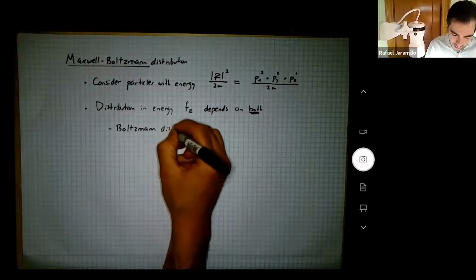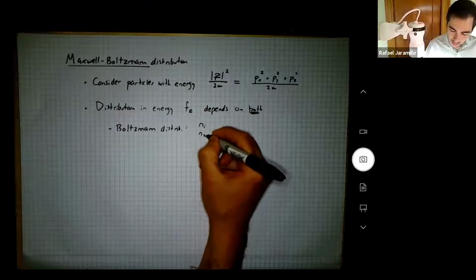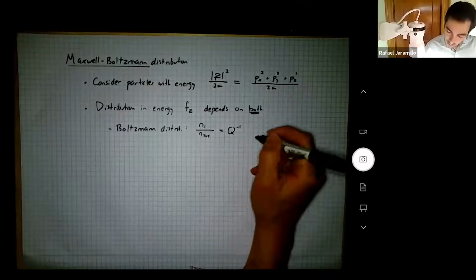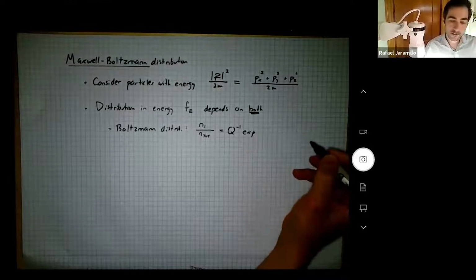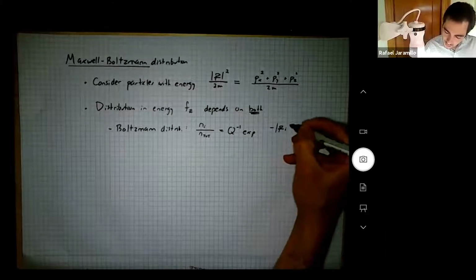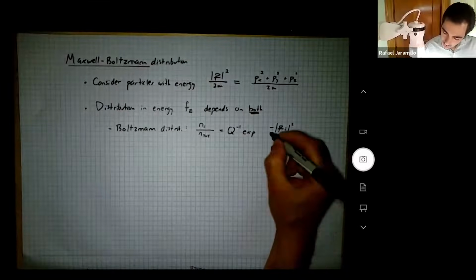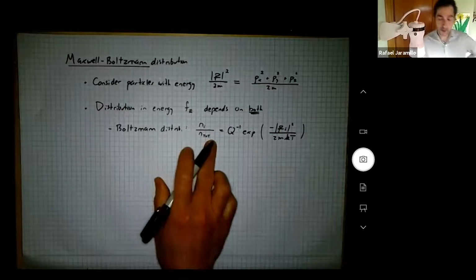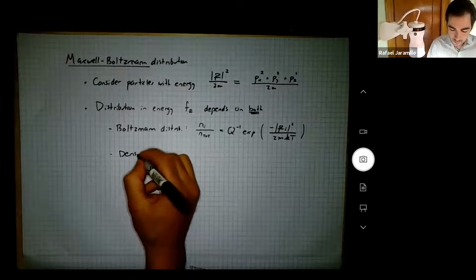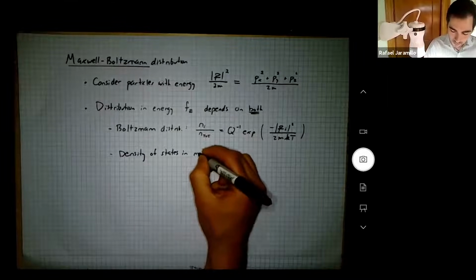The Boltzmann distribution, n_i over n total equals q to the minus 1 times exponent of minus momentum of state i modulus squared over 2mkT. So it depends on that, the Boltzmann distribution, and also it depends on the density of states in momentum.